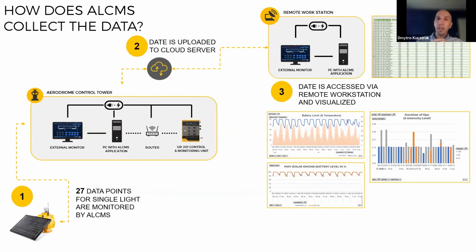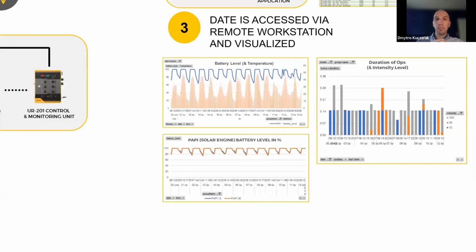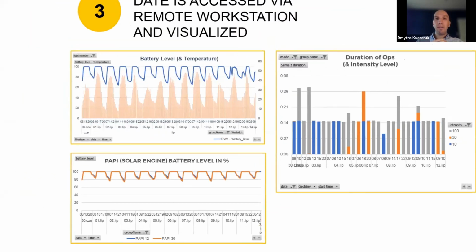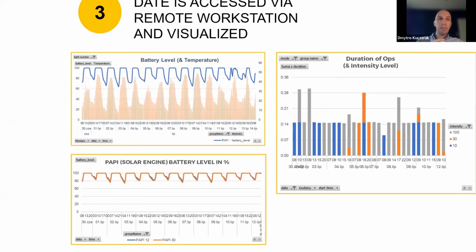Using this data, we can create all sorts of graphs that show us, for example, the level of battery. You can see here that the system has been monitored from 30th of June until 14th of July, so for around 2 weeks. And this blue line is the battery level.